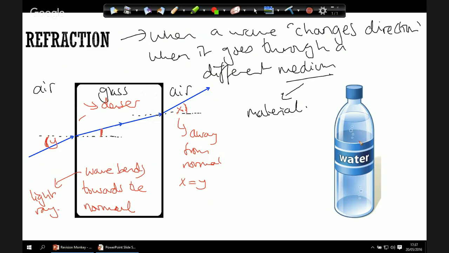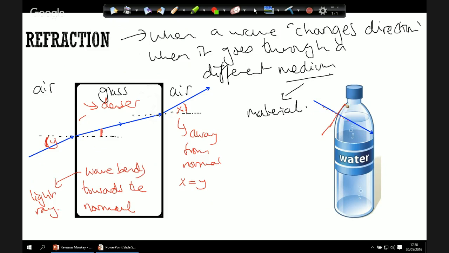Now you might see this in terms of, for example, an exam, they might talk about light going through a water bottle. A really difficult one that I saw one time was when they had the light ray going through the water bottle a little bit like this. Okay, so just bear that in mind, and the reason why they had it going through like this was because if you have a look here, you draw a little line here, the light ray is actually going in along the normal.